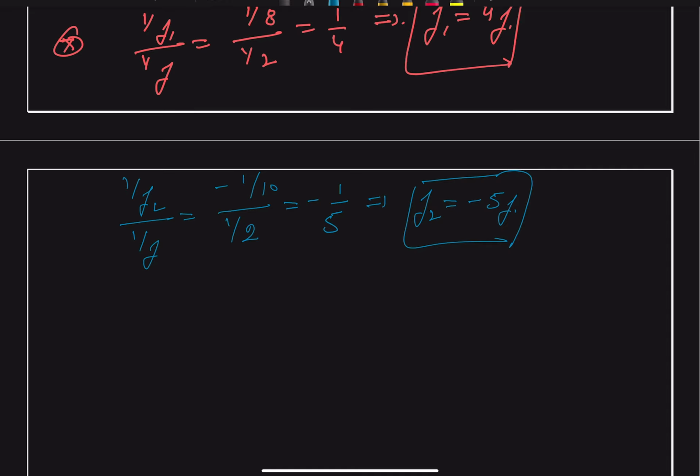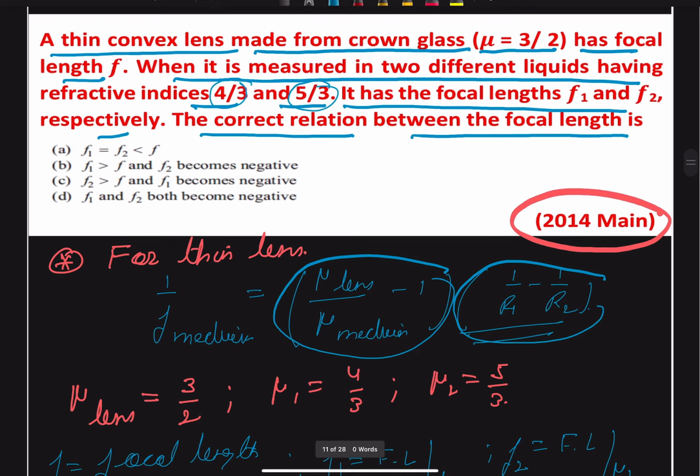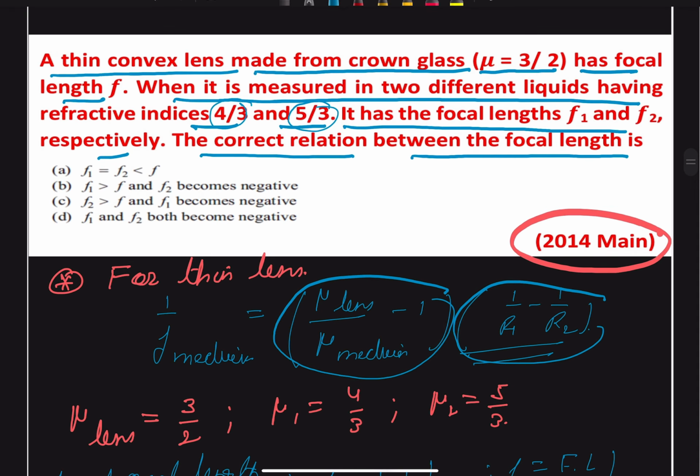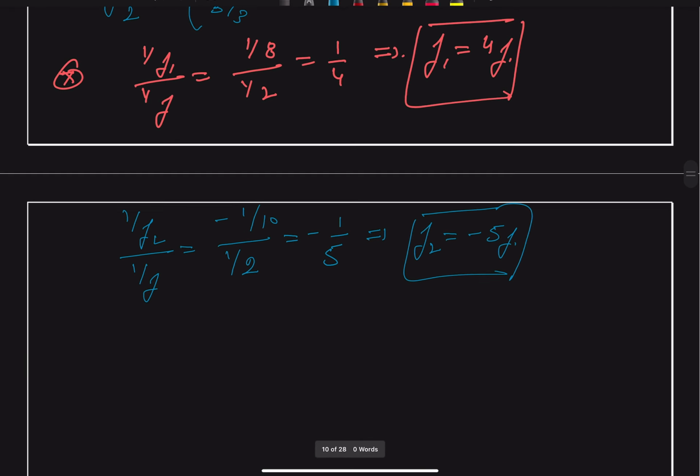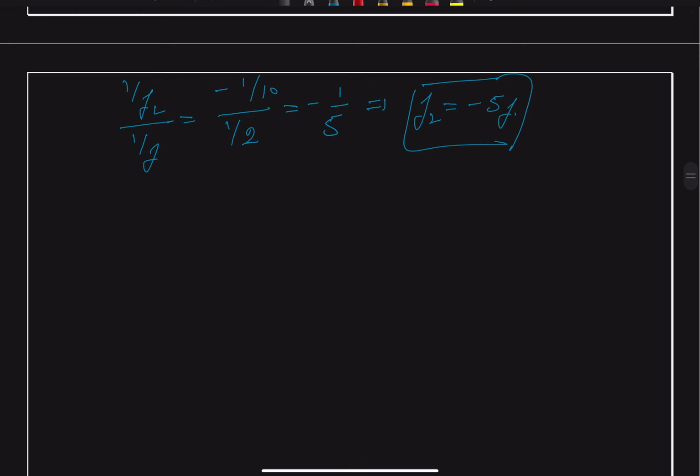If we want to make a comparison, in terms of greater than or less than, we can make a comparison with respect to the refractive indexes. So we have two refractive indexes. We have mu medium, the first one is 4 by 3.